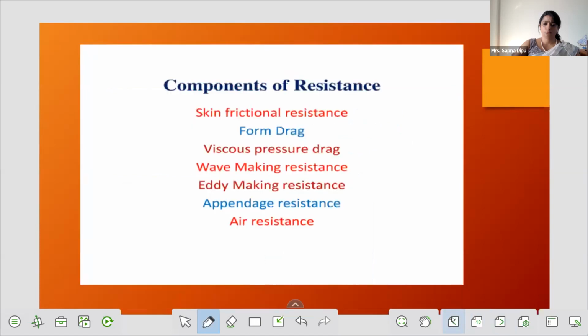Now, just for a quick revision, here are the various components of resistance we have: frictional drag, form drag, wave making drag, eddy making resistance, appendage resistance, and air resistance.